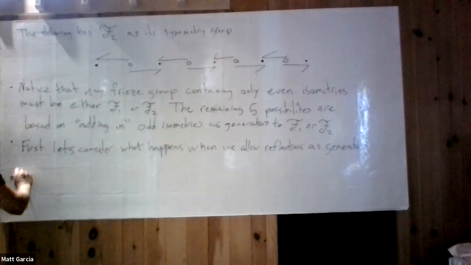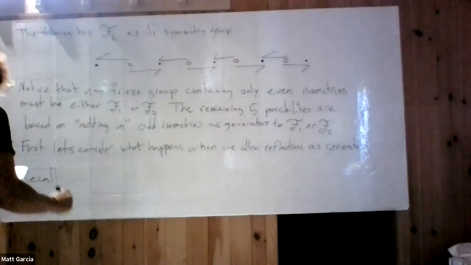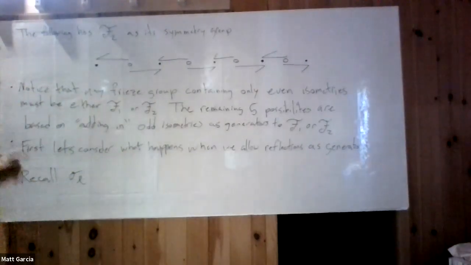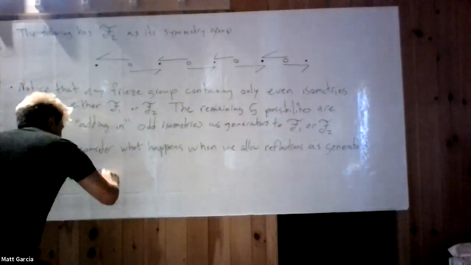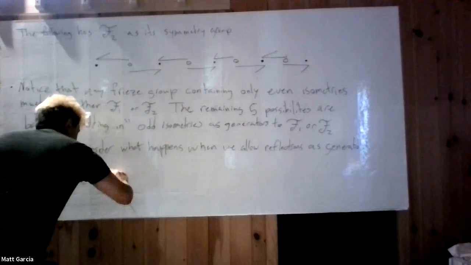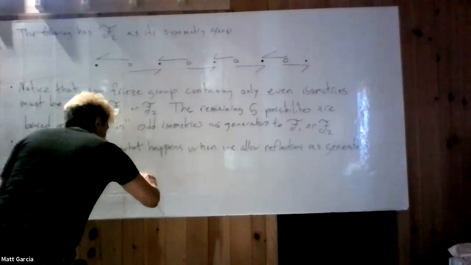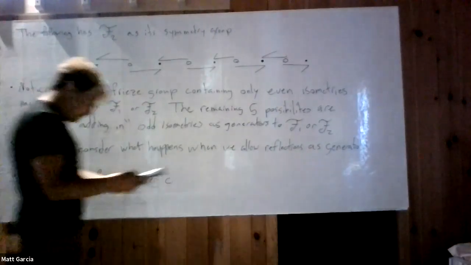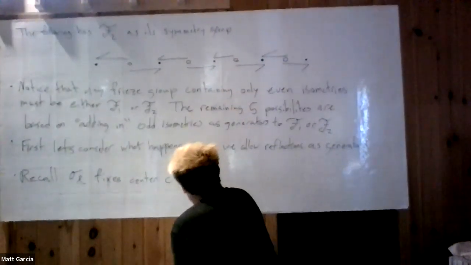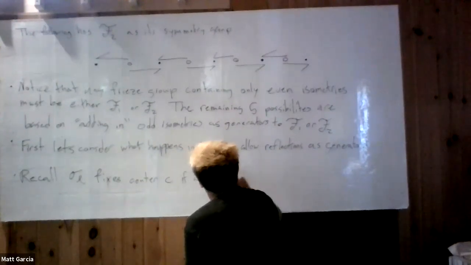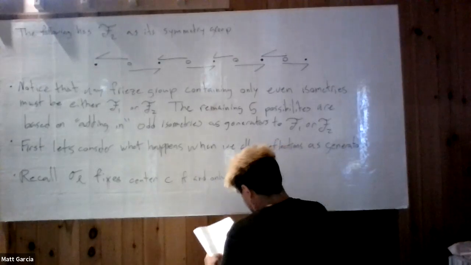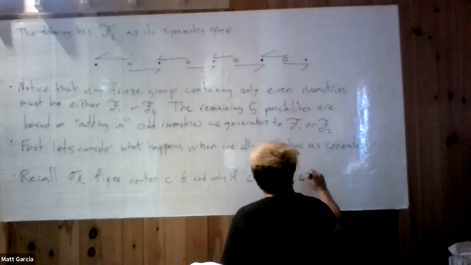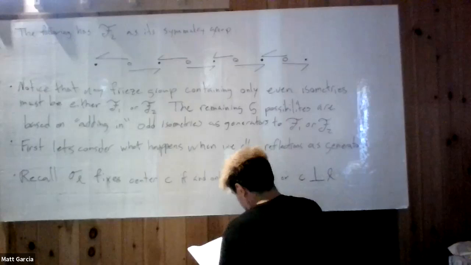So recall that a reflection sigma sub L, a reflection in L, fixes the center C of the Frieze group if and only if either one of two possibilities: C is equal to L or C is perpendicular to L. Right?